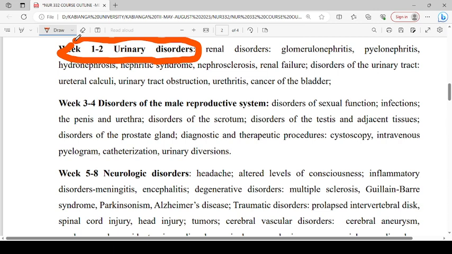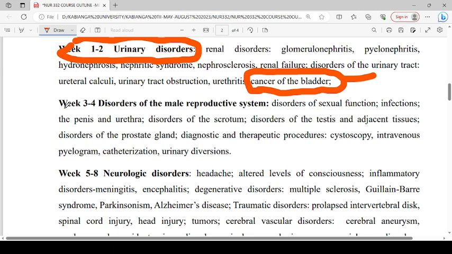We also have urinary tract obstruction, urethritis, cancer of the bladder. Guys, cancer of the bladder normally presents with a painless hematuria, right? Yes, we'll also be looking at it in detail.